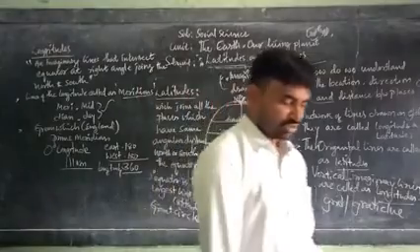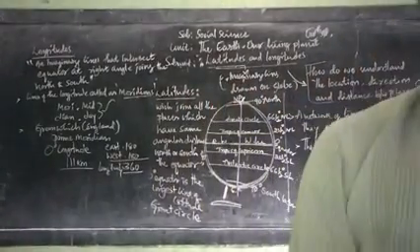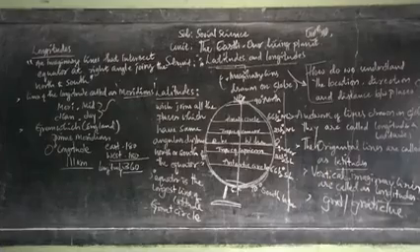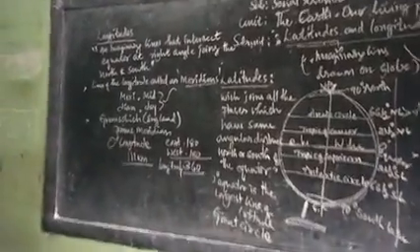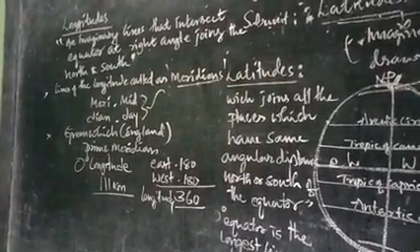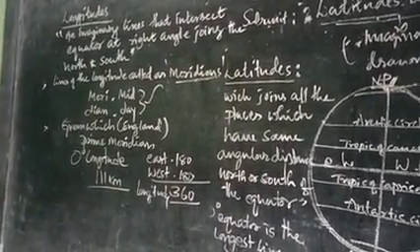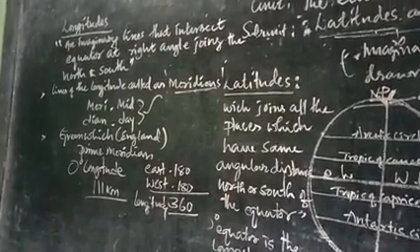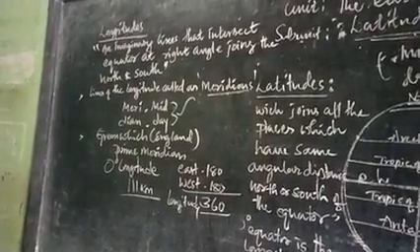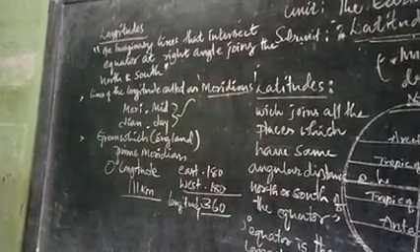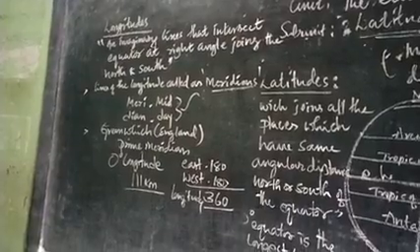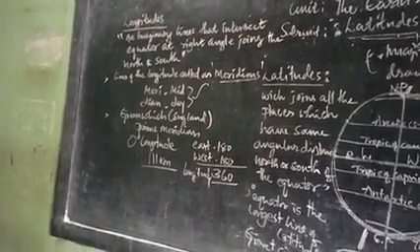So, dear students, I hope that you all understand the meaning and several aspects of longitudes. Please write down all those things in your notebook. See, longitudes are imaginary lines which join all the places which have the same angular distance east or west of the prime meridian.